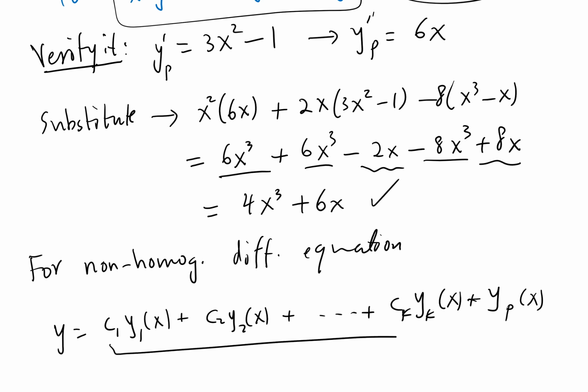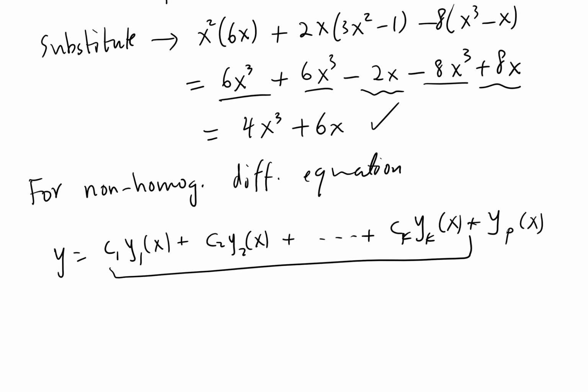Instead of writing it every time, we can just replace the linear combination with y sub c. So y sub c plus y sub p of x.